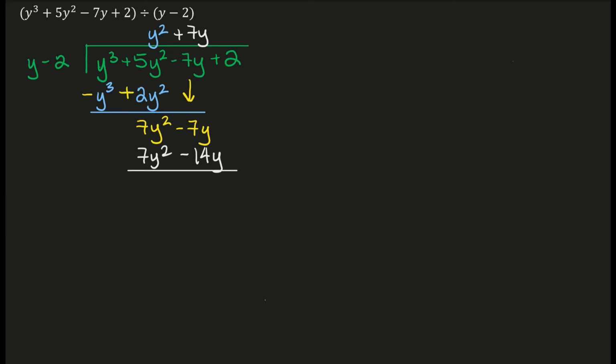I'll draw my line, and then I'll change my signs. So I'll make this a negative, this a positive. So my 7y squareds go away. Negative 7 plus 14. This gives me negative 7y. And then the 2 here is going to come down. So y times what gives me negative 7y? And that's going to be negative 7.